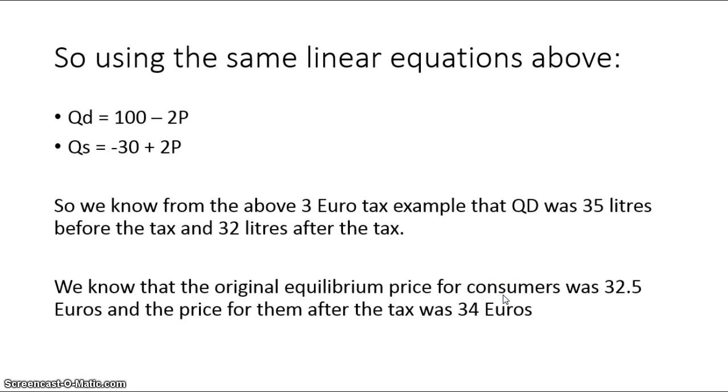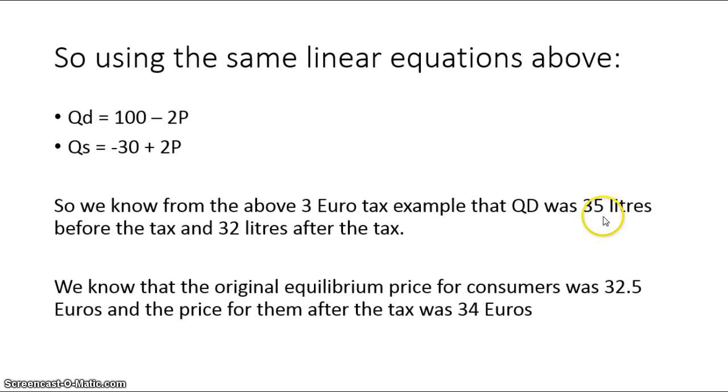If we were looking at price elasticity of supply, we would look at the price that producers get, because price elasticity of supply is the responsiveness of the suppliers, the producers. So just remember that. Consumers used to pay 32.5 euros before the tax, but now after the tax they pay 34 euros, so an increase of 1.5 euros and a decrease of 3 litres.